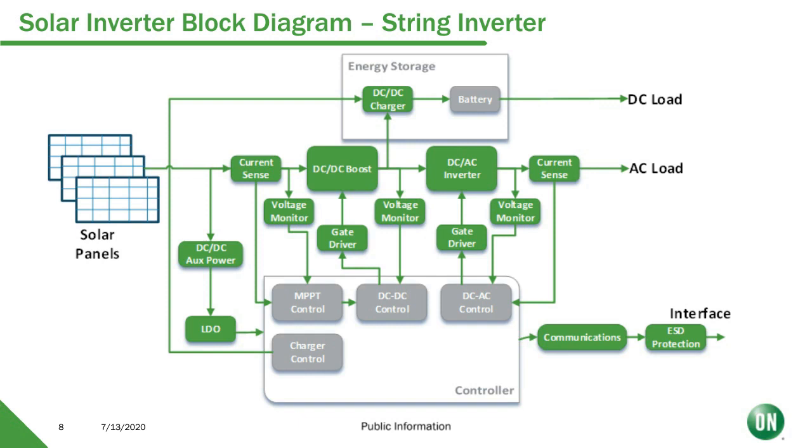Additionally, there's a DC-DC auxiliary power supply that would be used to power the control system. And then really as you get into some of the residential areas, they may incorporate an energy storage system inside of the inverter itself. And this is where you'll have a DC-DC charger to charge the batteries.